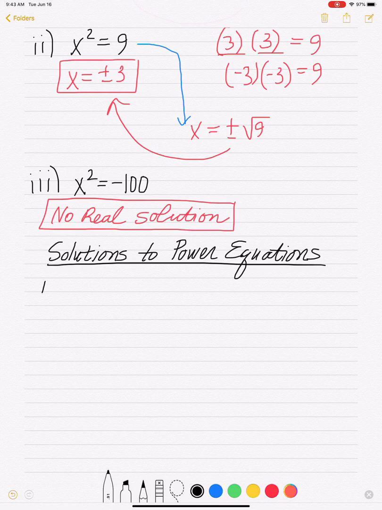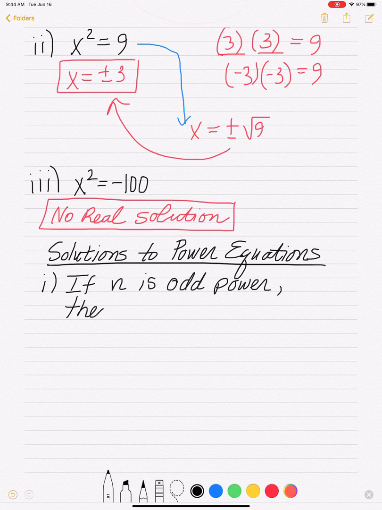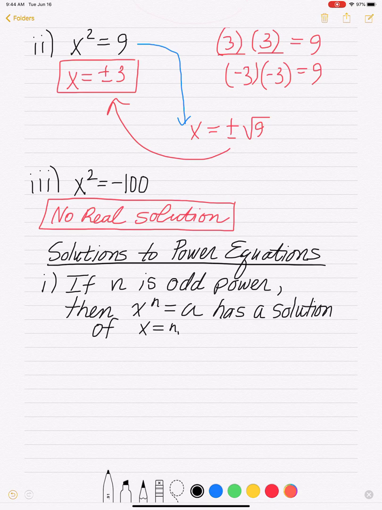Number one, if n is an odd power, then the power equation x to the n equals a has one solution, x equals the nth root of a.